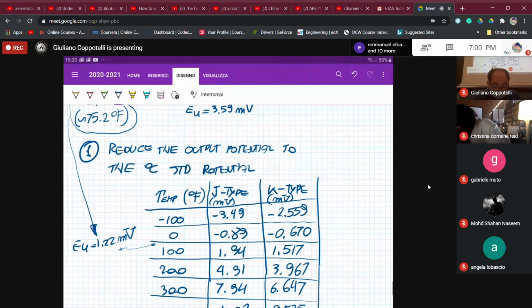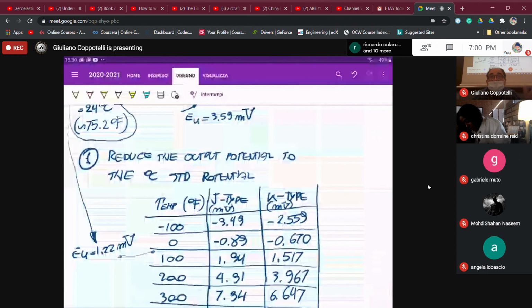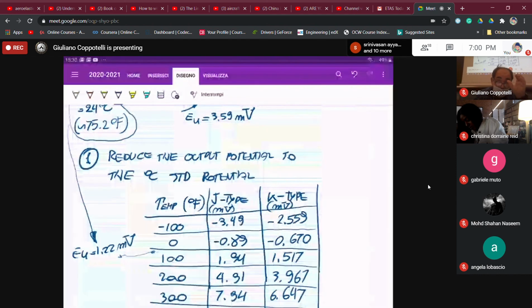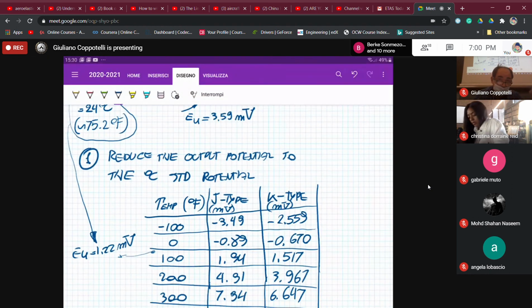Then what we have to do is apply the law of the intermediate temperature. That is telling me that the overall output tension is the sum of the different output tensions. We're referring to the thermocouple at different temperatures. Now, I figure out that the actual temperature is placed at 24 degrees.